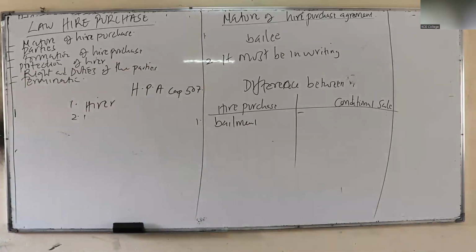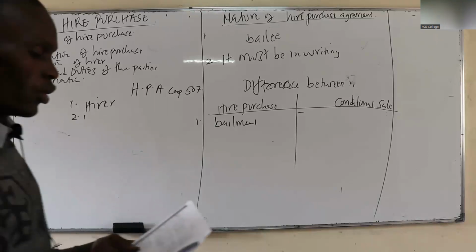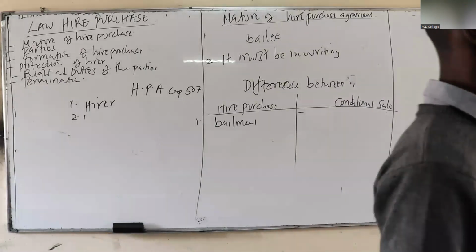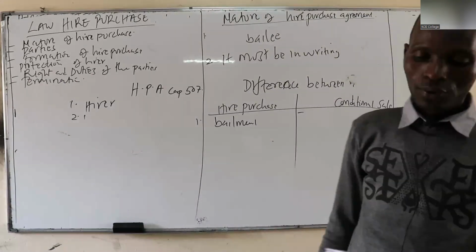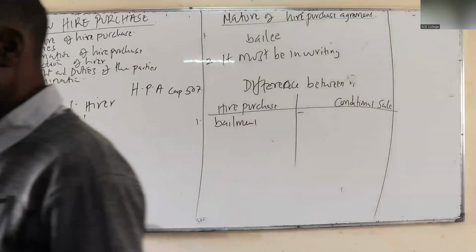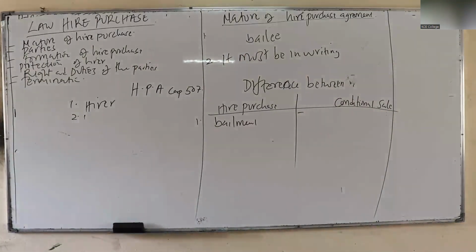On the other side, conditional sale is a contract of sale. Number two, a hire purchase is a contract whereby the owner of goods transfers possession to the hirer or returns the goods.